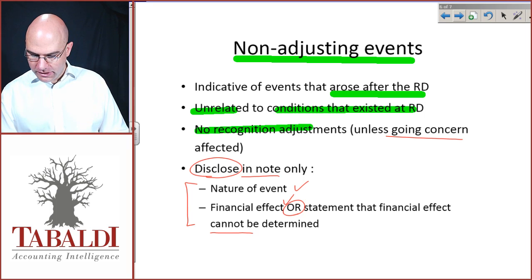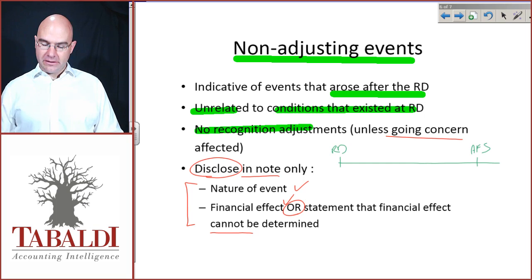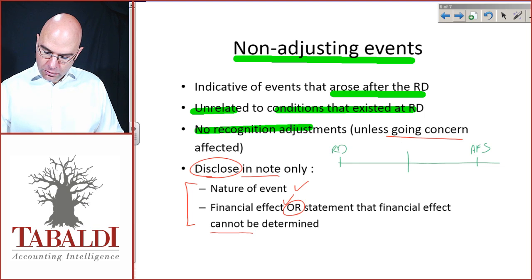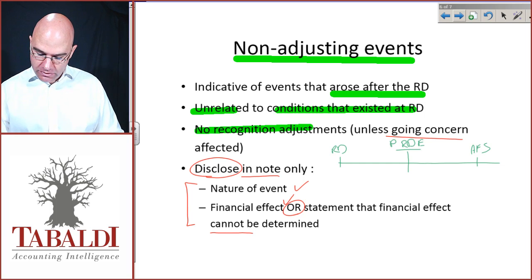Okay, so the little example here would be you have reporting date, financial statements are authorized for issue, and your post-reporting date event. Let's say that a whole bunch of inventory was damaged. So inventory was written off because one of your warehouses burnt down.